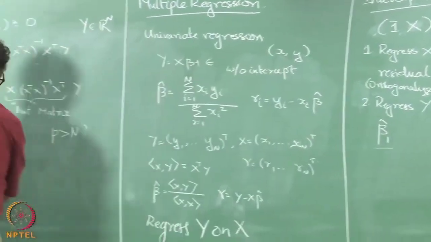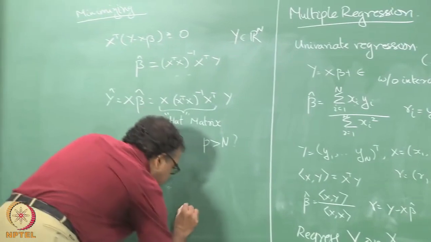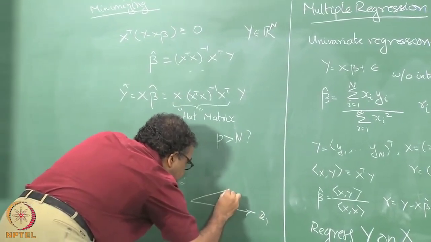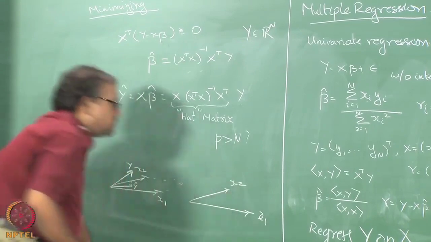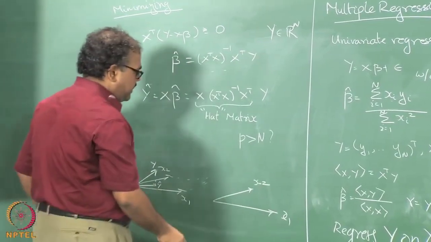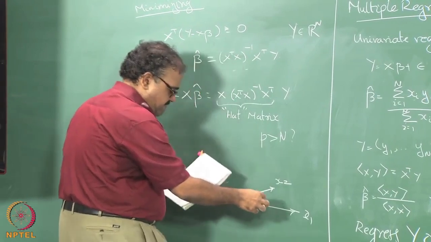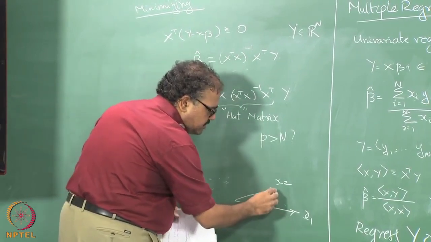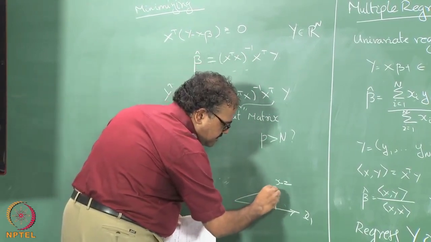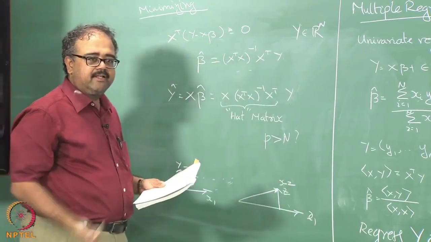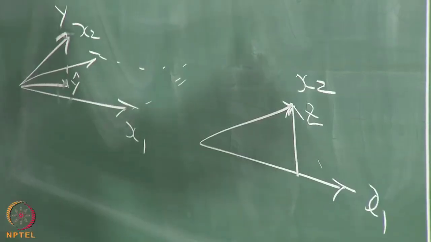So, going back to our picture here, I had some x1, I had some x2, right. So what I did was I first regress x2 on this, so that is my z, right. I am getting an orthogonal component to that.